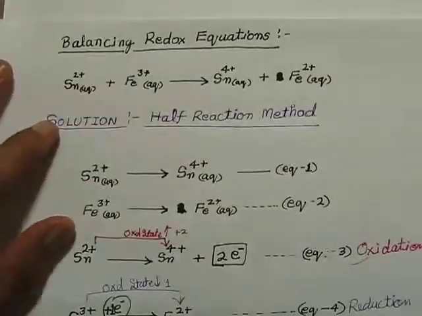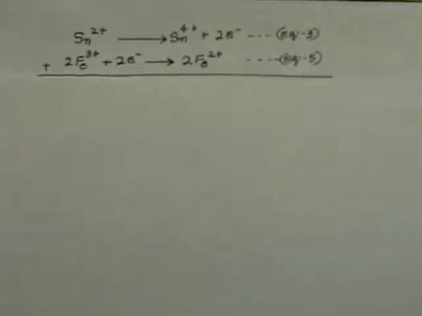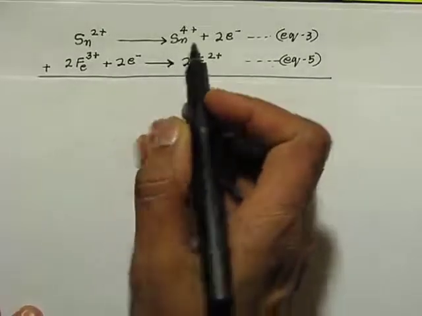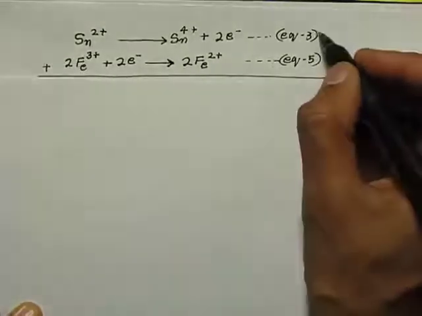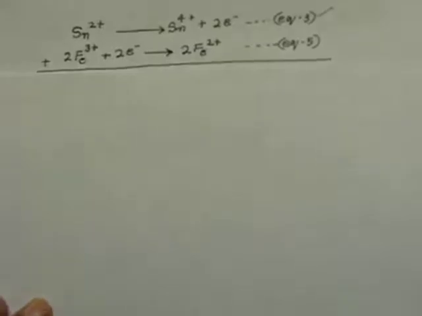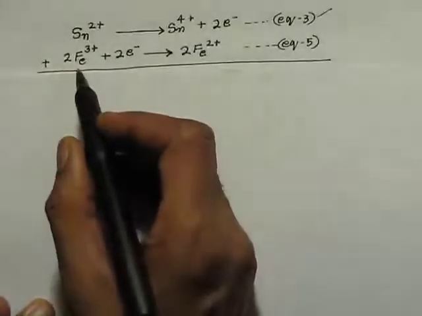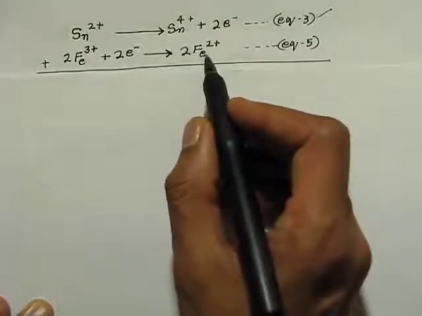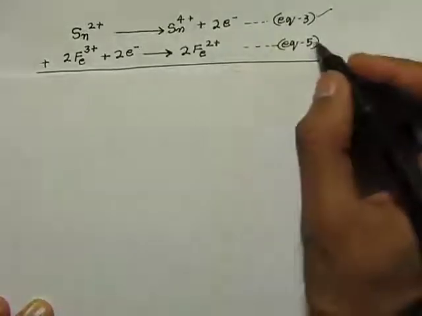When we add these two reactions, we get Sn2+ gives Sn4+ plus 2 electrons, equation number 3, and Fe3+ plus 2 electrons gives Fe2+, this is equation number 5.